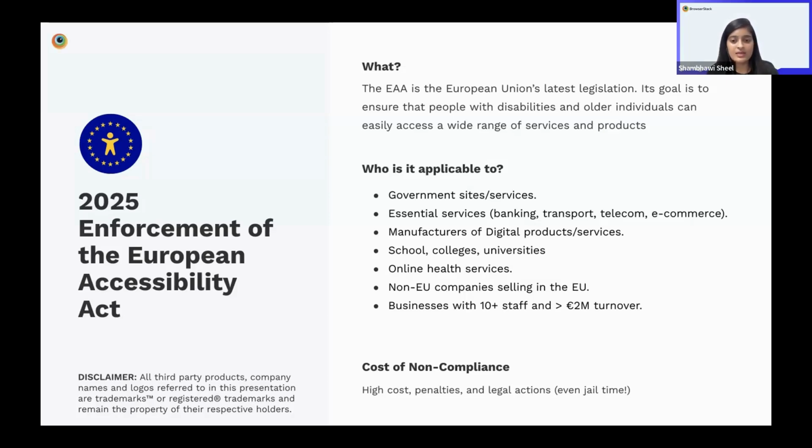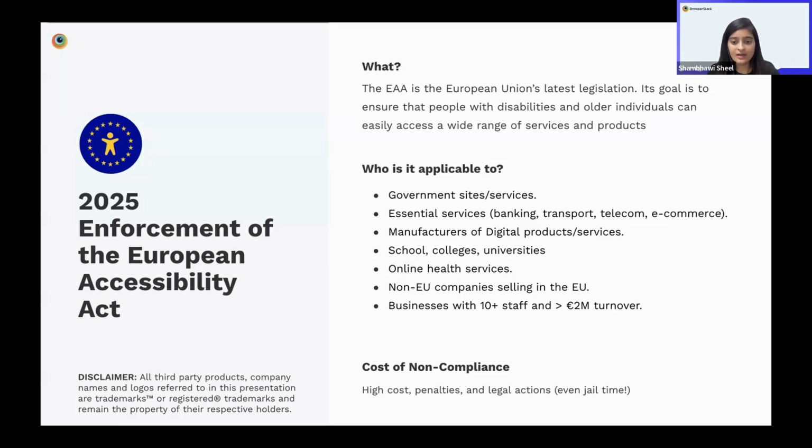For example, let's say the cost of compliance is more than 50% of your revenue, then also you can claim an exception. And the last exception is that products and services placed on the market or contracts entered into before the EAA compliance deadline have a 5-year transition period. So these existing products and services must become compliant by June of 2030, which is 5 years from the time it goes live.